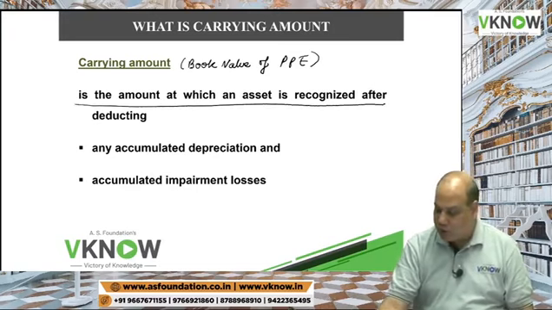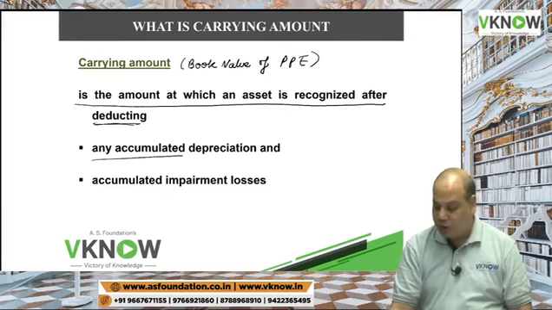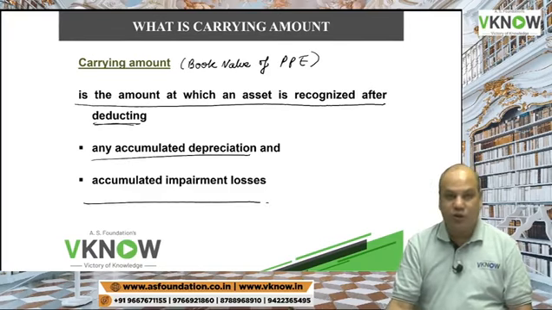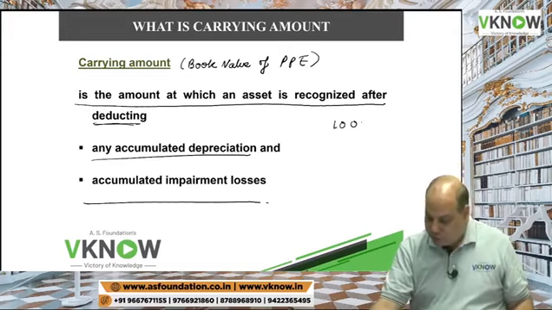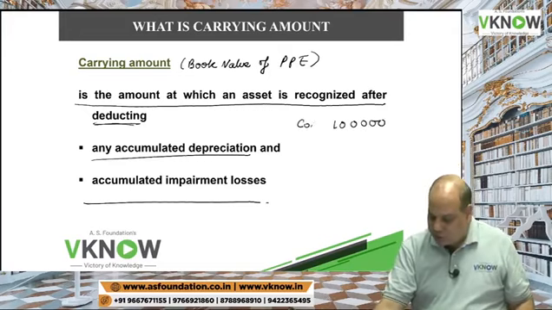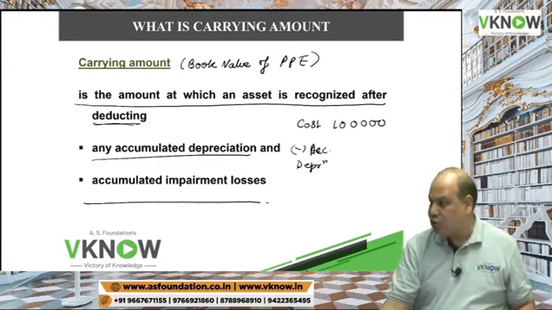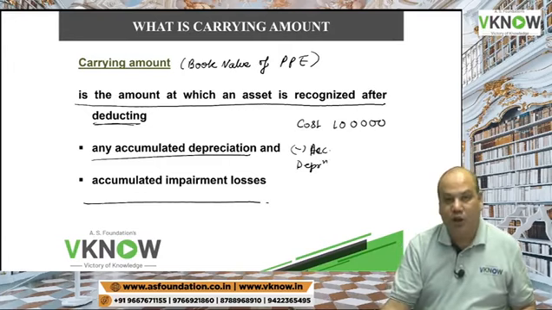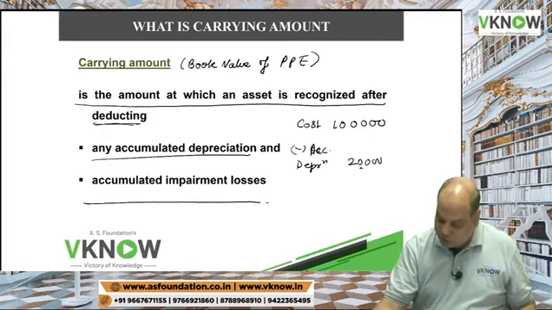It is the amount at which asset is recognized after deducting any accumulated depreciation and accumulated impairment loss. Let us say I purchased one asset for 1 lakh, less accumulated depreciation. Accumulated depreciation means total depreciation from the beginning till the balance sheet date is 20,000.